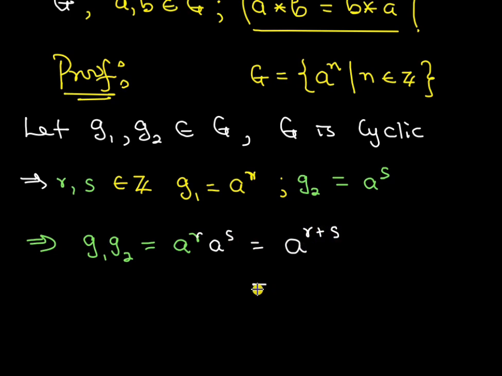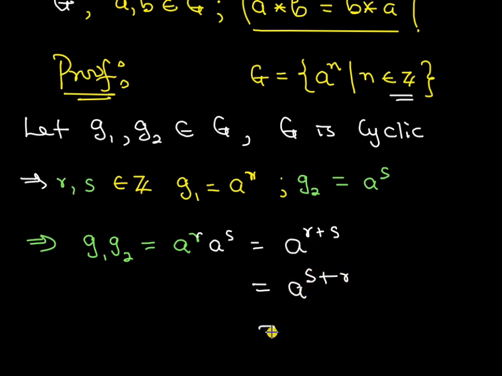Okay, so what will happen here is that R and S are coming from Z, and you know that Z is already abelian with respect to addition. I said it earlier. So that means I can actually turn this into S plus R.